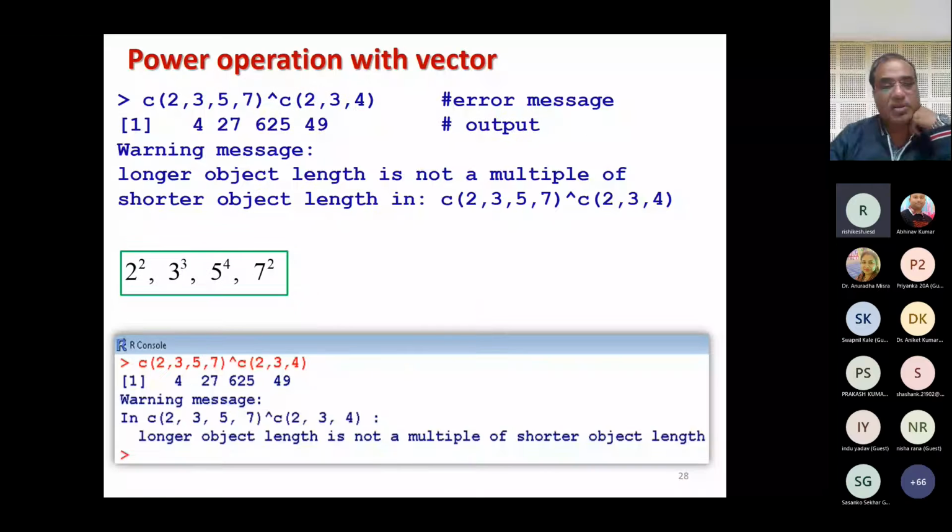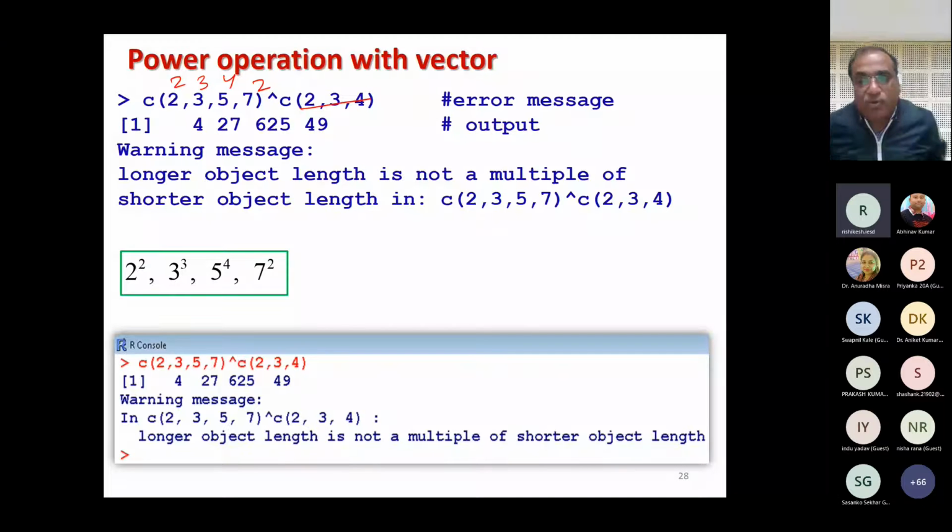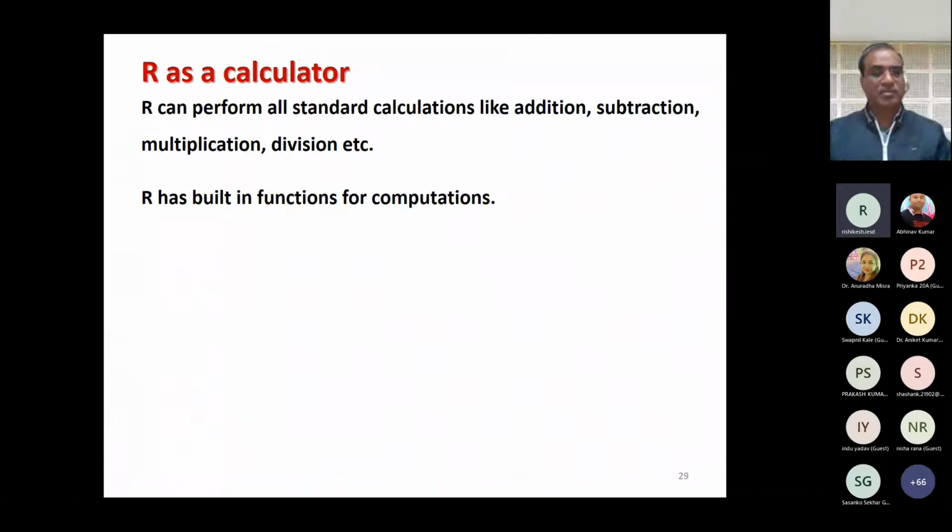Now, if the number of data values in the second data vector is not an exact multiple, then 2 will come here, 3 here, 4 here. After that, it will start repeating again with 2, but there are no numbers on which the power operators 3 and 4 can operate. So that is why it gives you a warning message. So you can see it is not a very difficult thing actually, right?